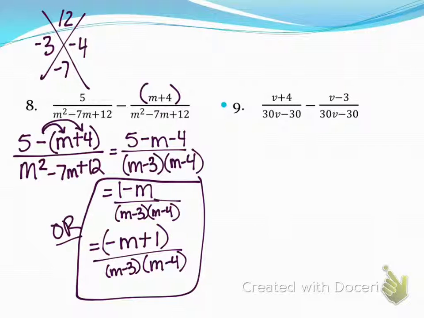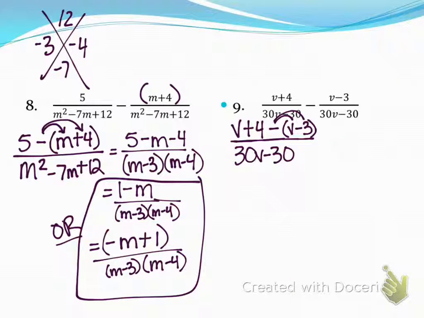On number 9, we've got a common denominator, so we'll keep it for now. In my numerator, what operation am I doing? Subtraction. So my first numerator, I'm just going to rewrite. I'm going to put my minus sign in there. My second numerator, I'm putting in parentheses for now. This helps me remember that I have to distribute my negative sign into those parentheses.